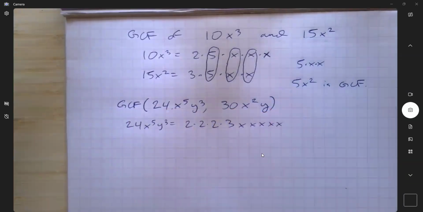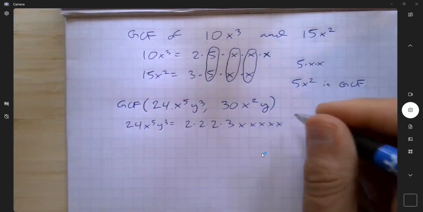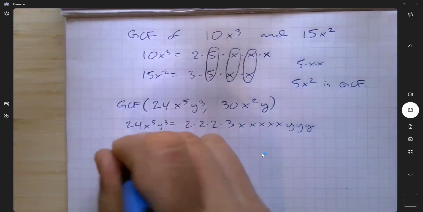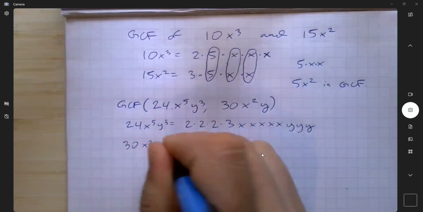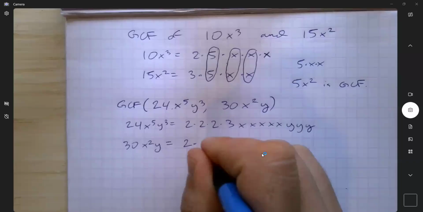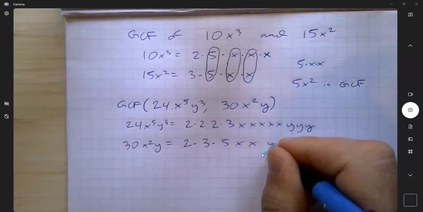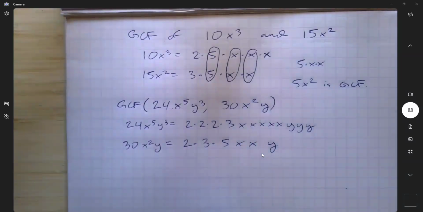I usually get lazy and I don't write the multiplication. And then 3 y's. And 30x squared y is 2 times 3 times 5 with 2 x's and 1 y.